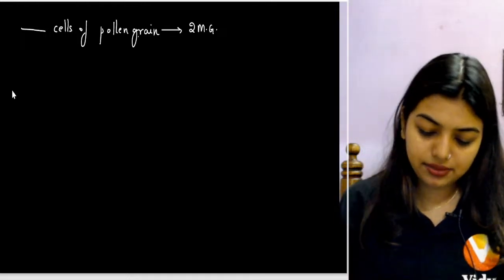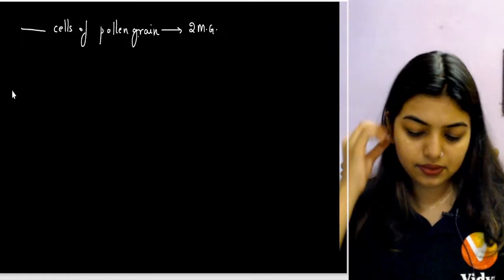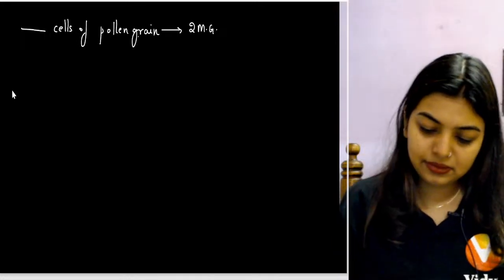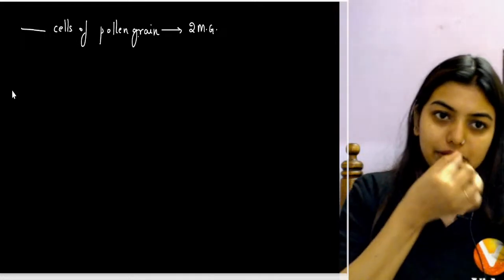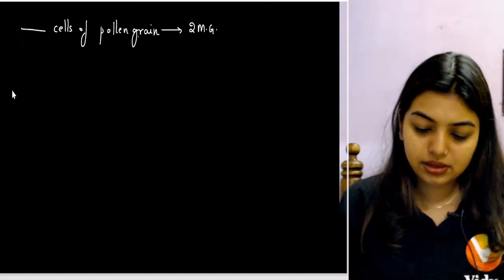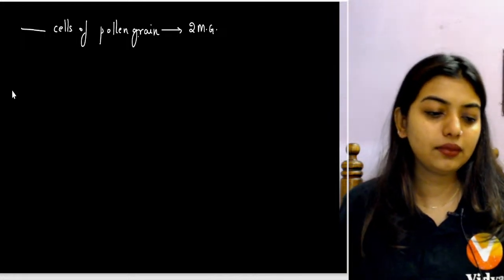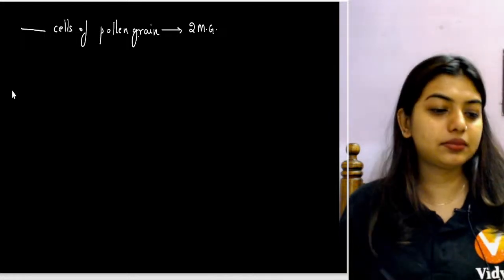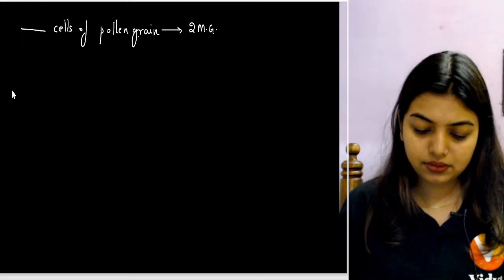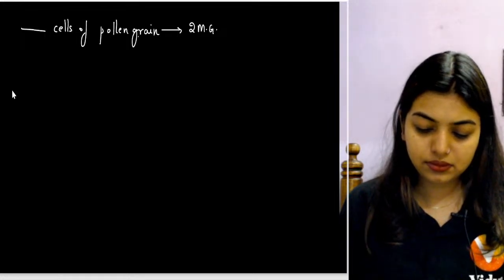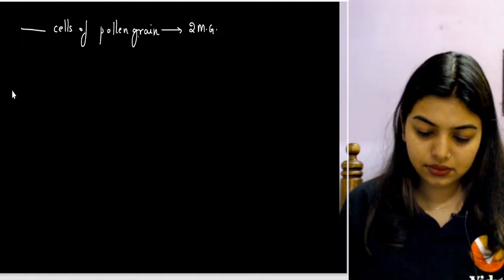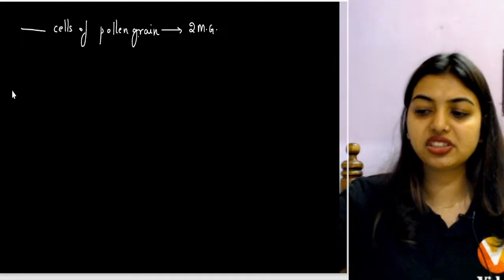Yes, students, tell me. Dash cells of the pollen grain will form two male gametes. Tell me quickly. Please answer, students.